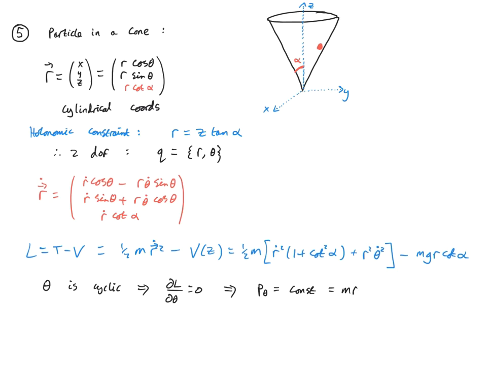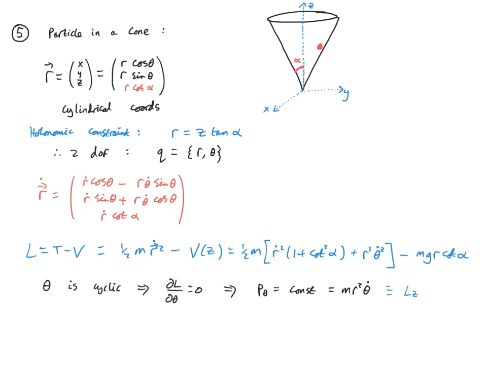It's m r squared theta dot. So this is quite interesting, because both r and theta are dynamical and change with time, but the combination m r squared theta dot is constant throughout the motion. And furthermore, we know that this object is actually the angular momentum around the z-axis.